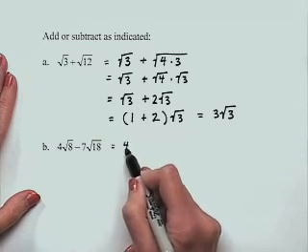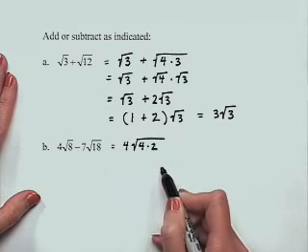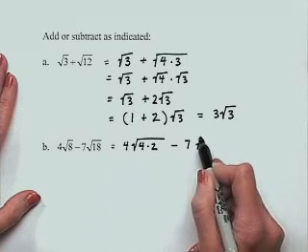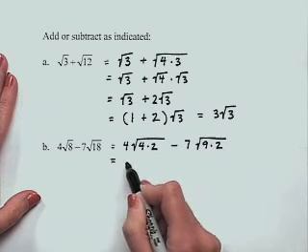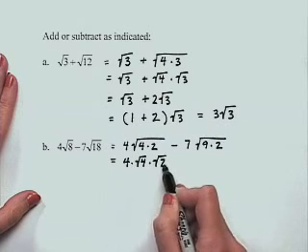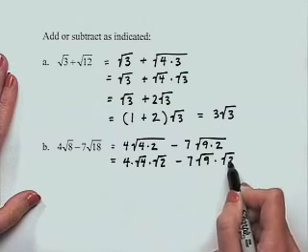We'll have 4 times the square root of 4 times 2. Let's go ahead and rewrite our second term, 7 times the square root of 9 times 2. In our next step, we'll have 4 times the square root of 4 times the square root of 2 minus 7 times the square root of 9 times the square root of 2.